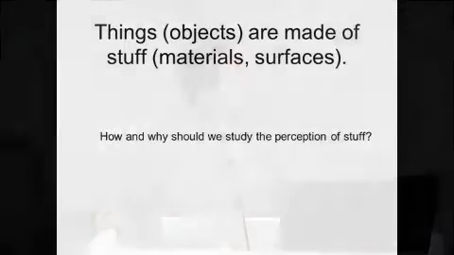So if we want to simplify things, we can just say the world is made of things, and they are made of stuff. And this is actually sort of instantiated in our language, where we have mass nouns like, let's say, wood or water or oatmeal, versus count nouns like chairs and people and bottles.